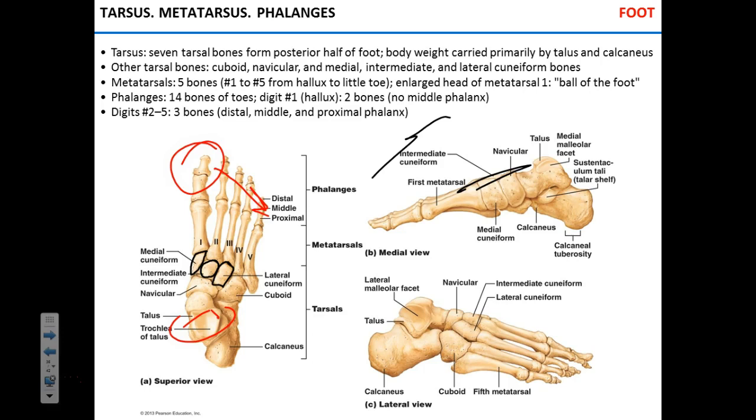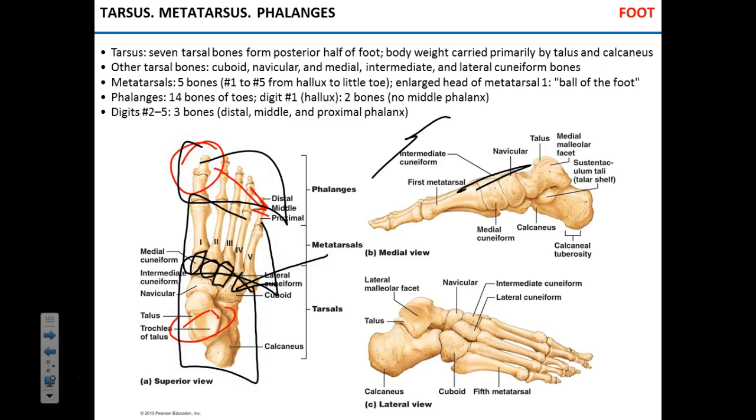Fourth metacarpal articulates with the cuboid bone. Does that make sense? So, as I mentioned, you're going to have to recognize 7 tarsals, 5 metatarsals, and phalanges.